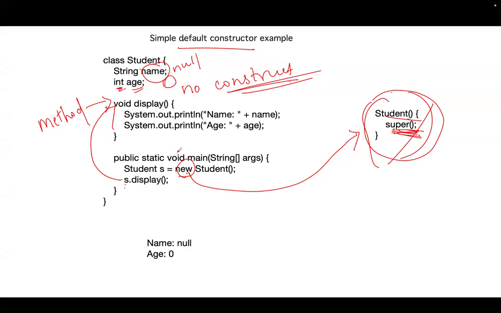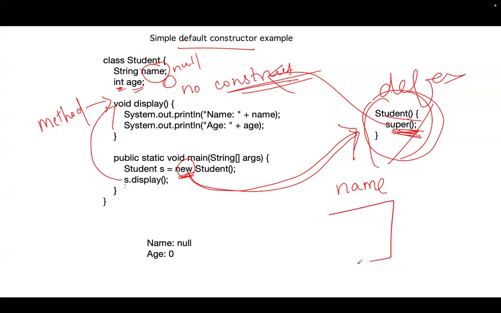When it creates this new object, it will call this default constructor, and in turn it calls this class. Nothing is getting initialized, so inside the instance variable name, null will be there, and for age it will be 0.